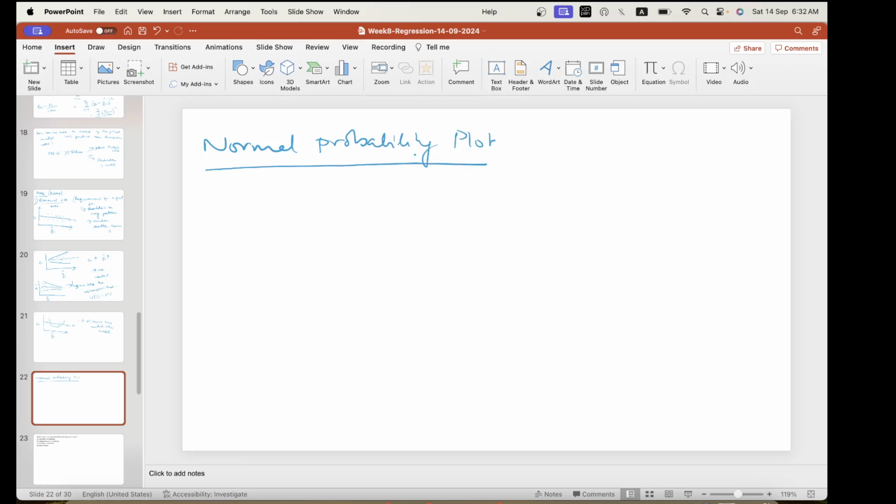The assumption being tested is that the epsilon i's follow normal 0, sigma square for all i equal to 1 to n.